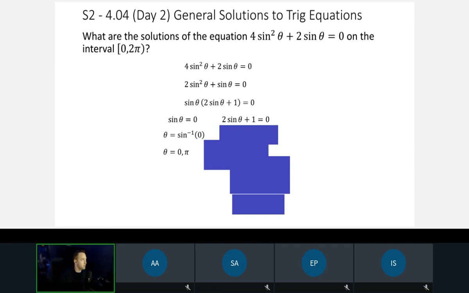Now, if you did type it in and got 0 as the only answer, you could have used general solutions. This is the part I was getting ahead of myself on. When you're dealing with sine, you can do half rotations, so it's going to be, what is it, 0 plus pi then?